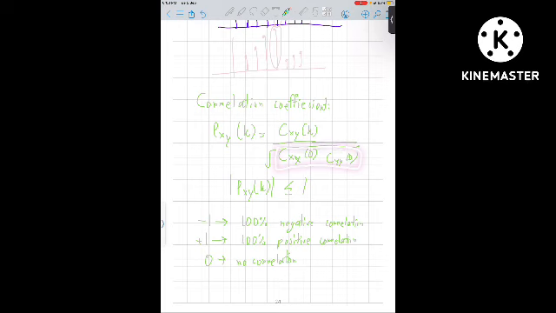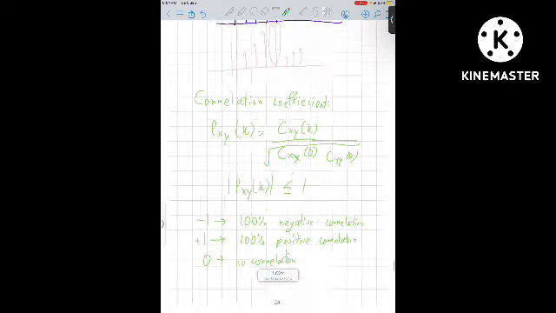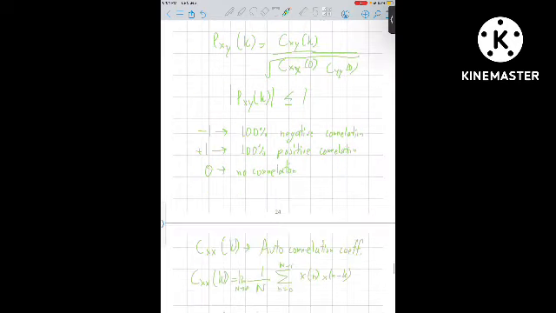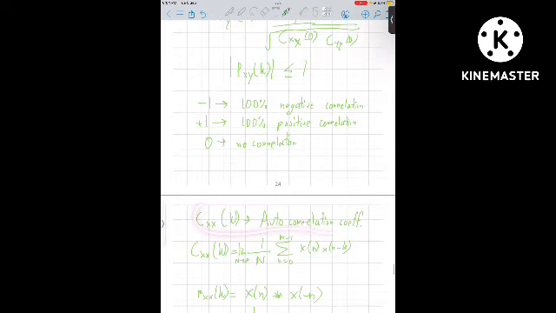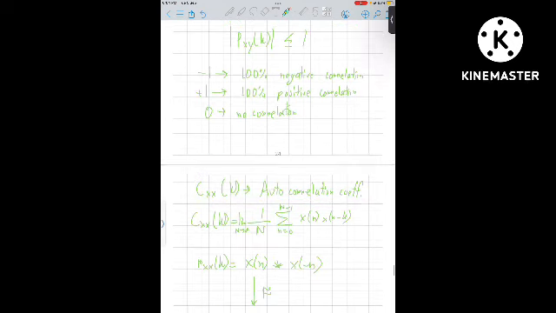Often you have questions in GATE related to correlation. You may have R_xx[k] as x[n] convolved with x[-n]. When you take its Fourier transform, the Fourier transform of autocorrelation is something called the power spectral density, mod of X(omega) whole square.